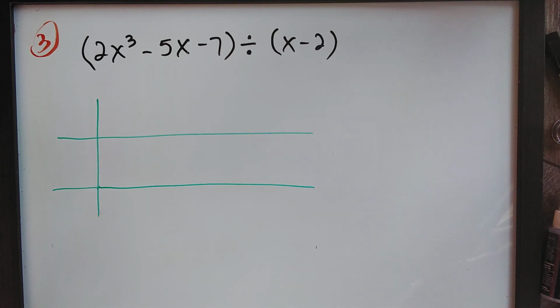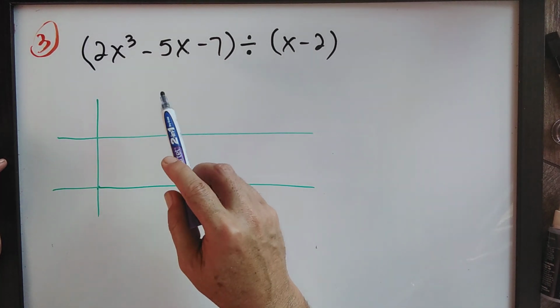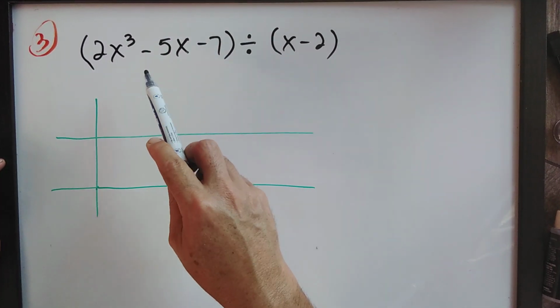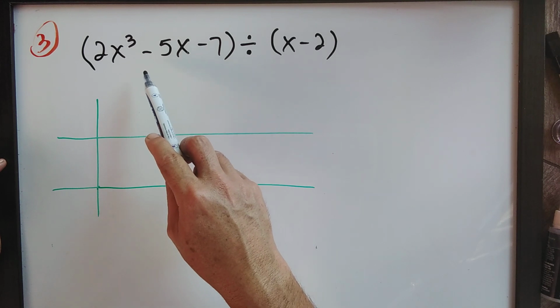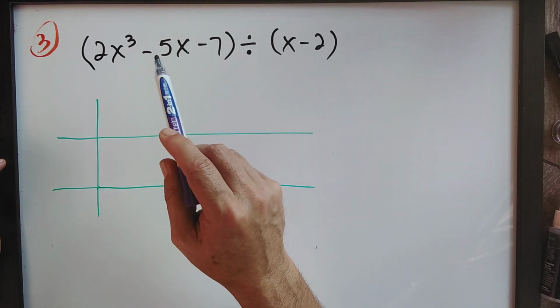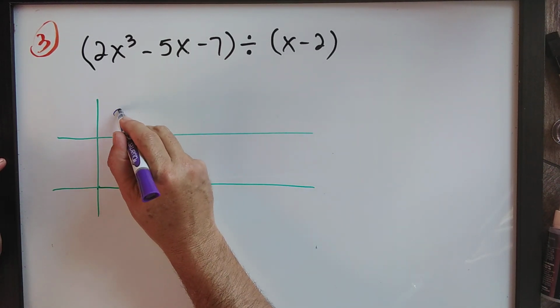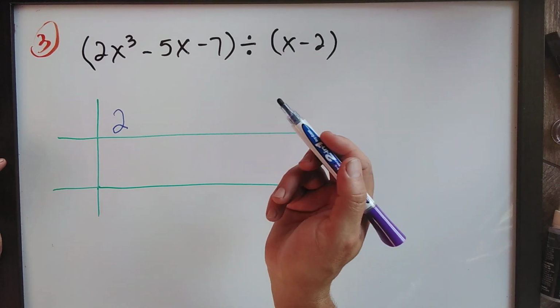Okay, let's look at the next example here. Again we're gonna line up all the coefficients, but now we notice that the x squared term is missing. Just like in long division, we're gonna use a 0 for that, right? So I'm gonna have 2, and then x to the second is not there.